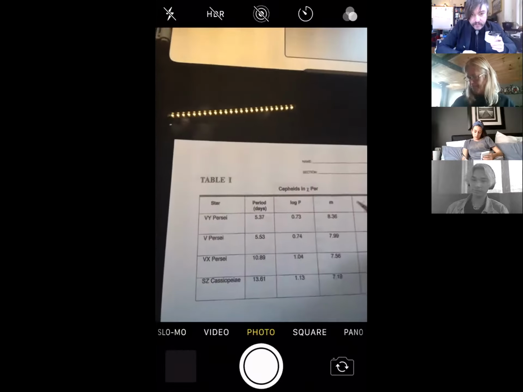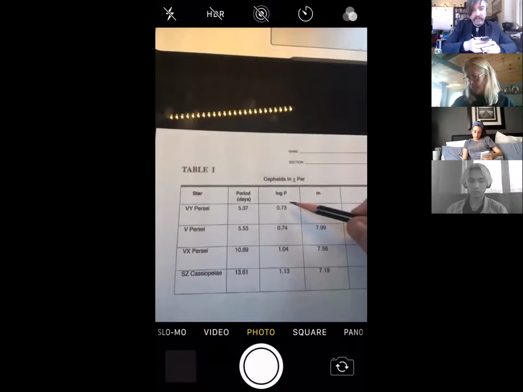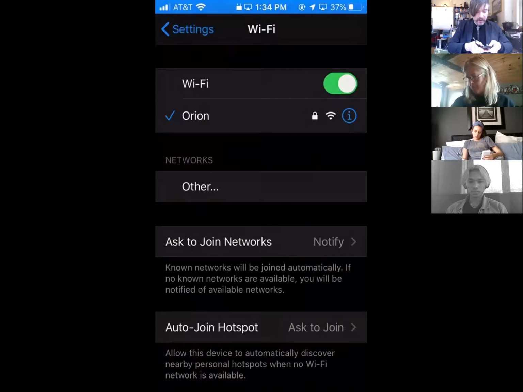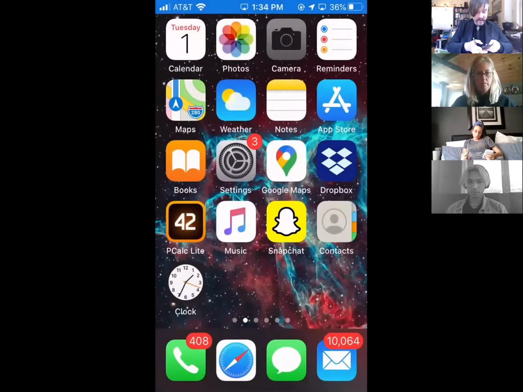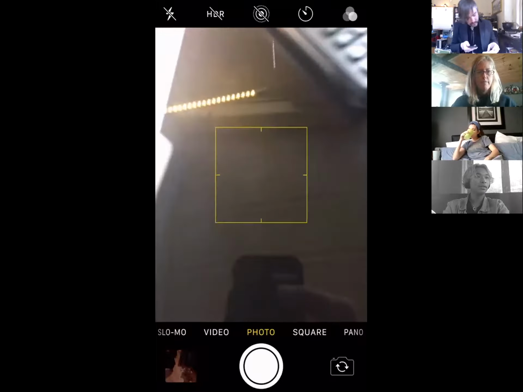Up here, we have a bunch of Cepheid variables that we've measured in zeta Persei. I think that's zeta, right? Or is that Chi Persei? Hold on. I have a little book here. This book got me through undergraduate and grad school.